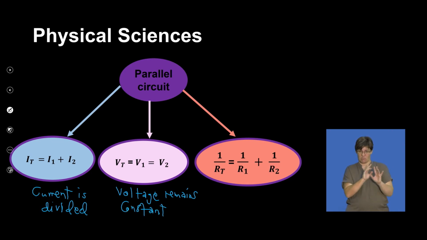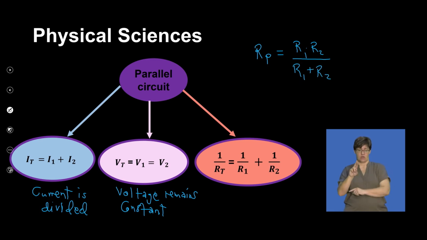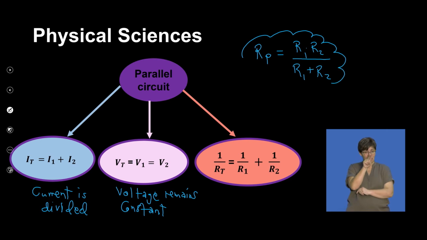Right? But when it comes to the resistance of a parallel circuit, if there are two resistors in parallel, you can use the product over sum formula, which says total resistance in parallel is equal to the product, R1 R2, over the sum, R1 plus R2. But this is only applicable for two resistors connected in parallel.